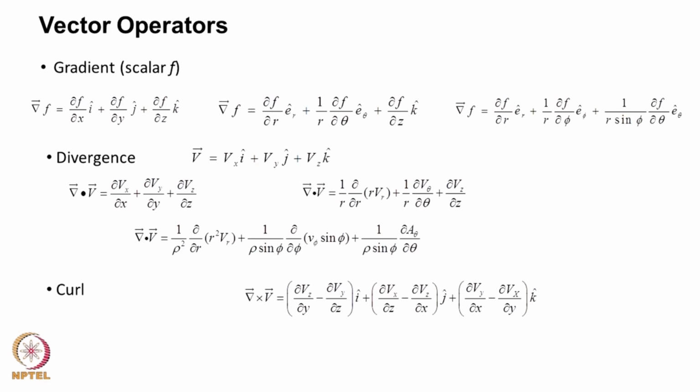The third important operator is the curl, which is defined as del cross V. So, dou Vz by dou y minus dou Vy by dou z for i. Similarly, for the second component, dou Vx by dou z minus dou Vz by dou x into j, then the third component as dou Vy by dou x minus dou Vx by dou y for k.